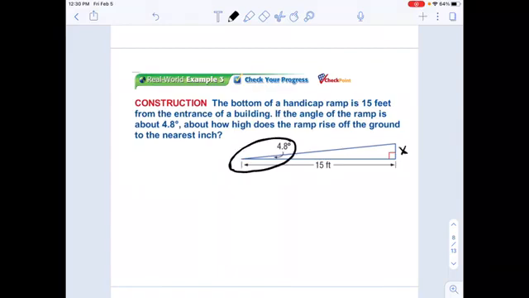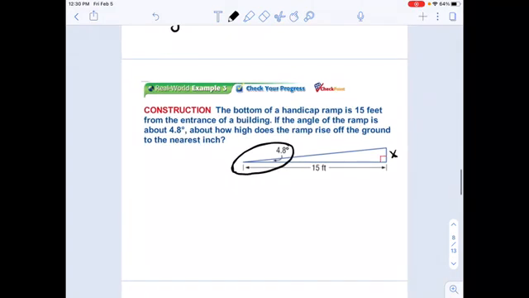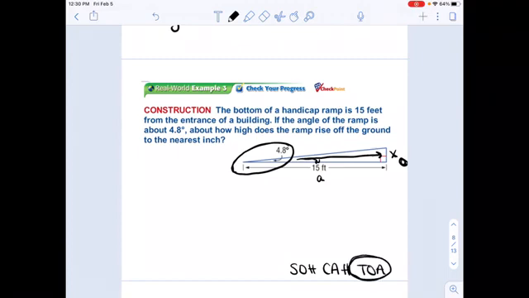We are trying to find how far it is off the ground. I'm going to call it x. I am trying to find then the opposite side, and I am given the adjacent side length. So, if I rewrite out SOHCAHTOA, this tells me I need to use tangent.